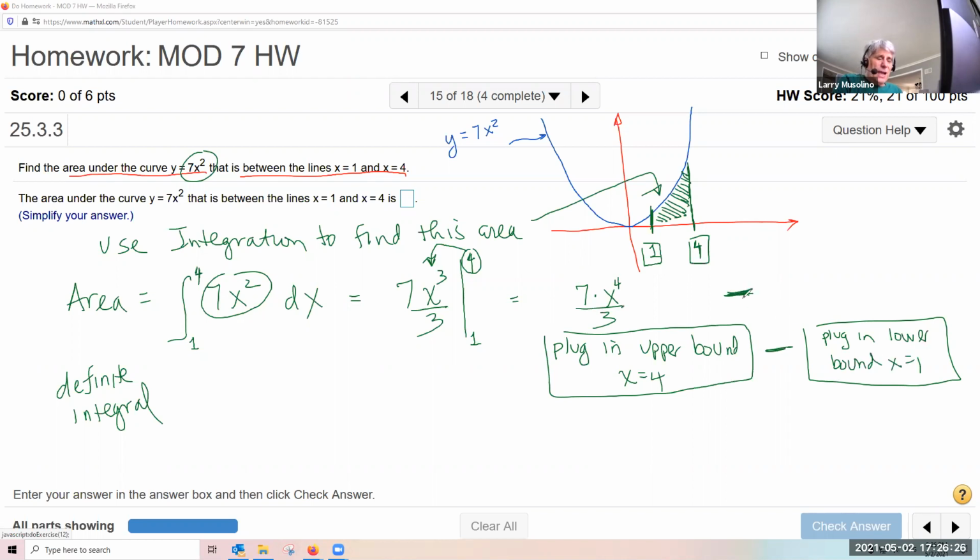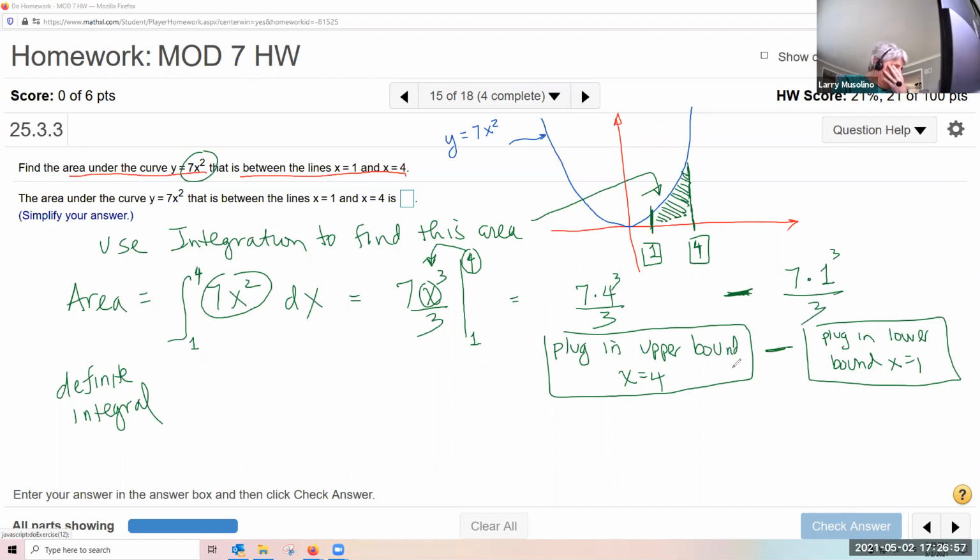And this subtraction is required, and that is how you evaluate a definite integral. Well, if I plug in the lower bound, that's going to be 7. Oops, I'm sorry, I should have put a 4 here. I made a mistake here. Let me back up. I should have been putting a 4 in for x here. So this should have been 4 to the exponent 3. And I'm going to do the same thing back here. I'm going to plug in a 1 in place of x. That's going to be 1 to the third over 3.